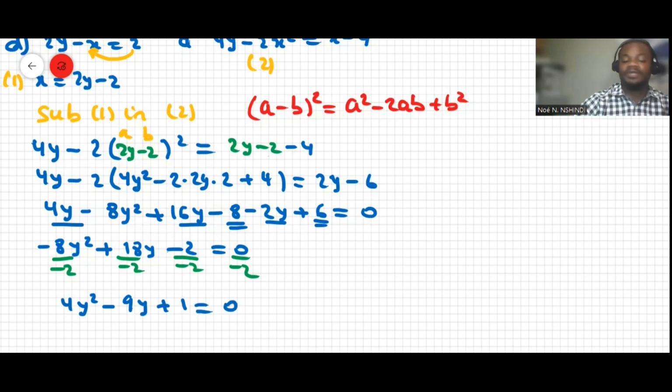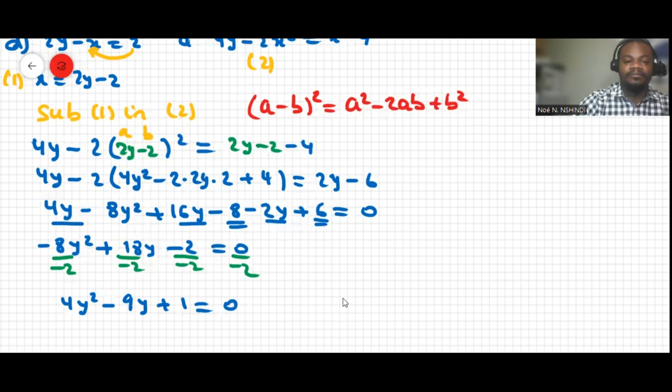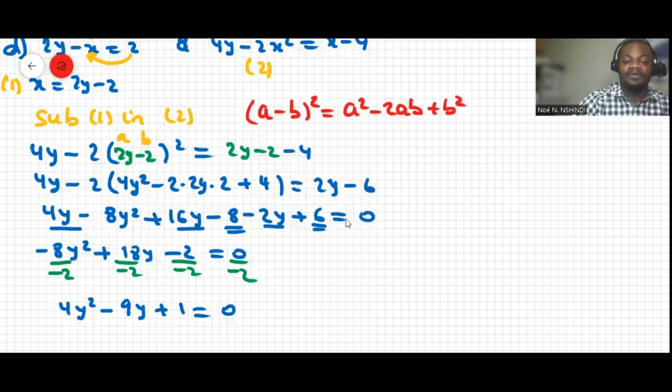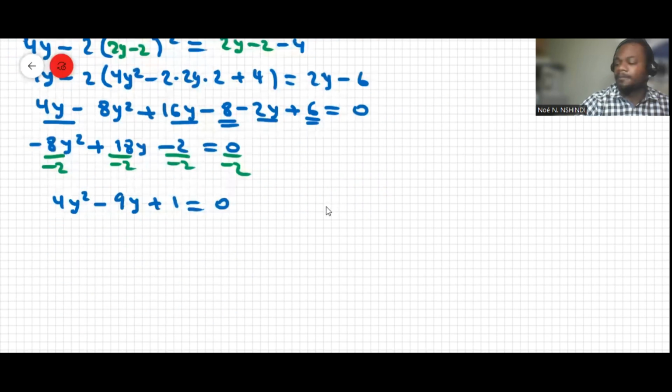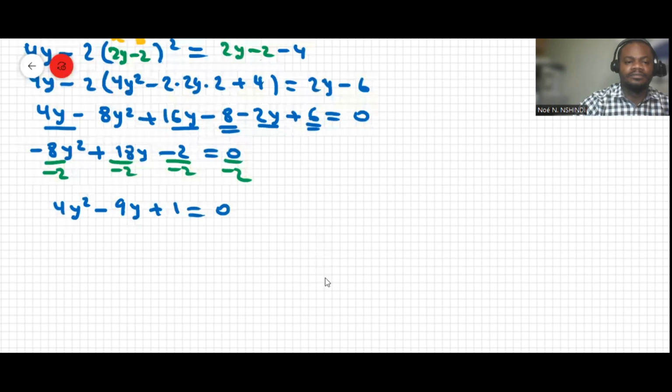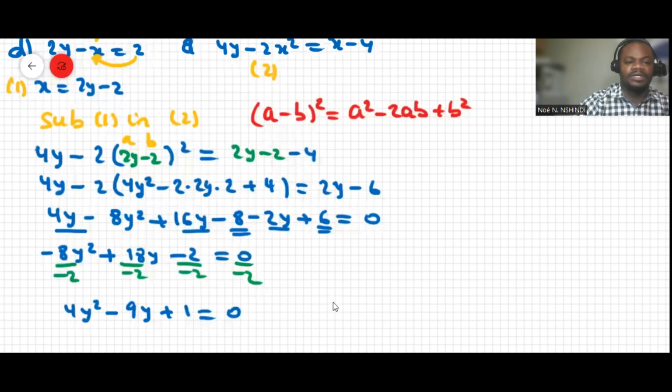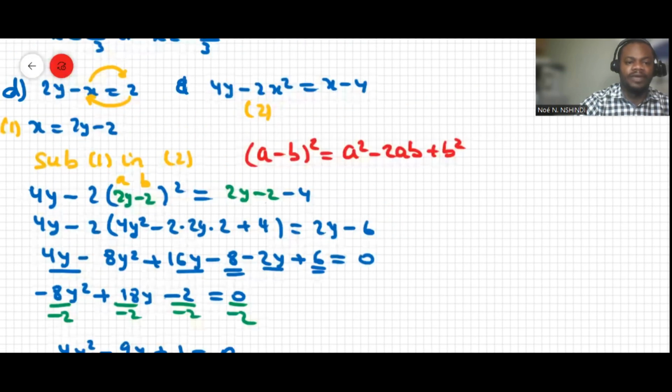Now we can solve this by factorization. Okay, let's first double check if I did everything right.